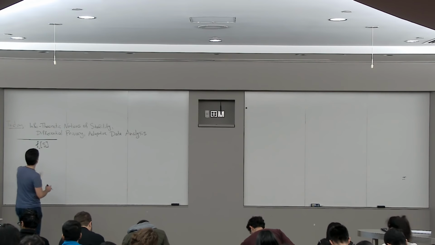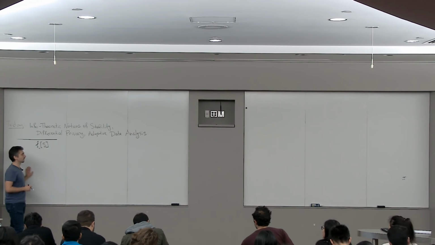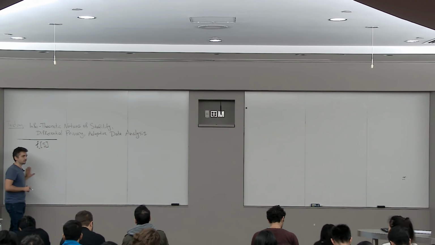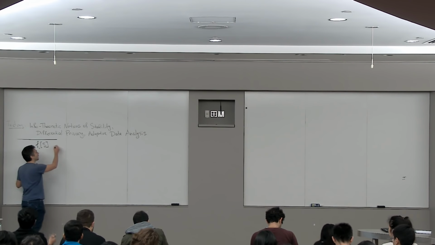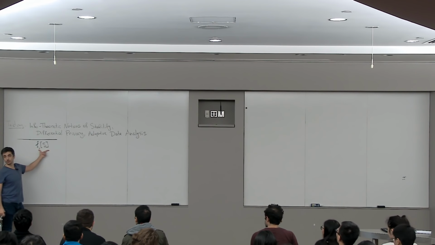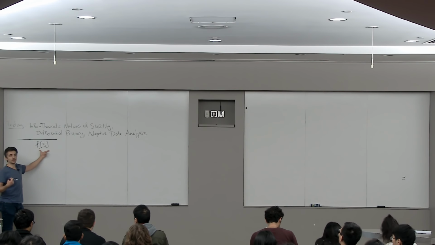This was a function computed on the data. Now it's going to be a randomized algorithm, so this is a random output, a random function. There's one more random variable lurking, which is the internal randomization of the algorithm.